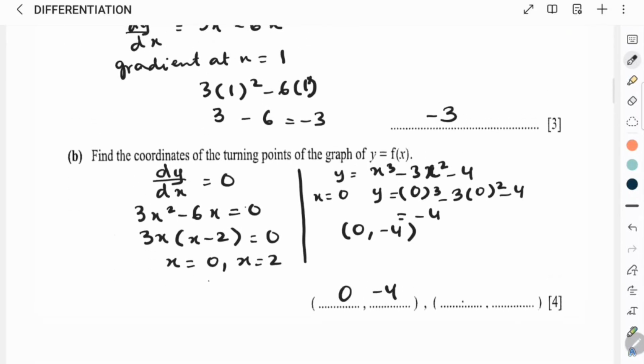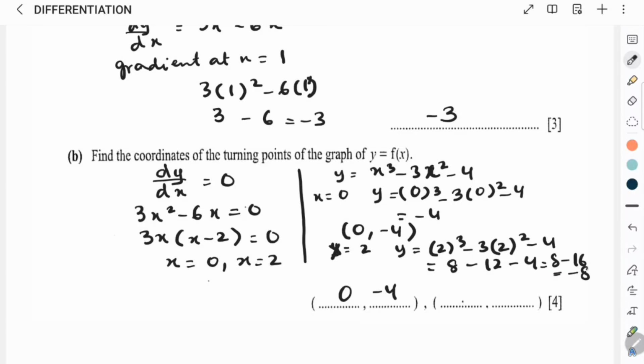Now the next one, x equals 2: y equals 2 cubed minus 3(2 squared) minus 4. It is 8, and 4 threes are 12, then minus 4. That equals 8 minus 16, which is minus 8. So the other answer is (2, minus 8).